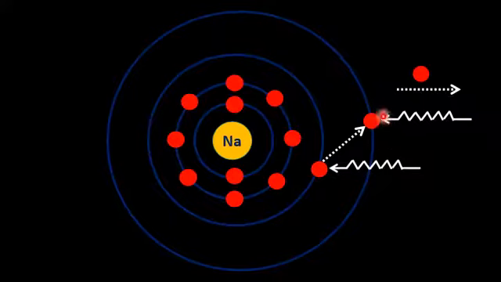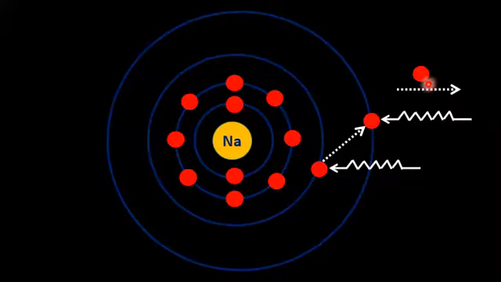So when the energy of the electron becomes too high, higher than the energy required to remain in the shell, the electron will be ejected from this shell, and this electron is known as a free electron. And the process of ejection of an electron due to heat is known as thermionic emission.